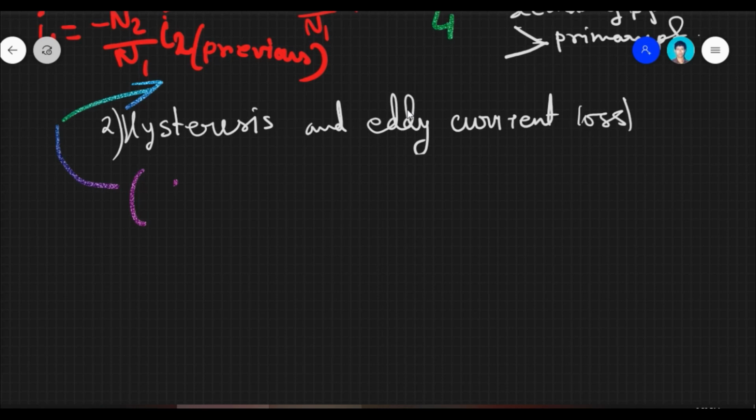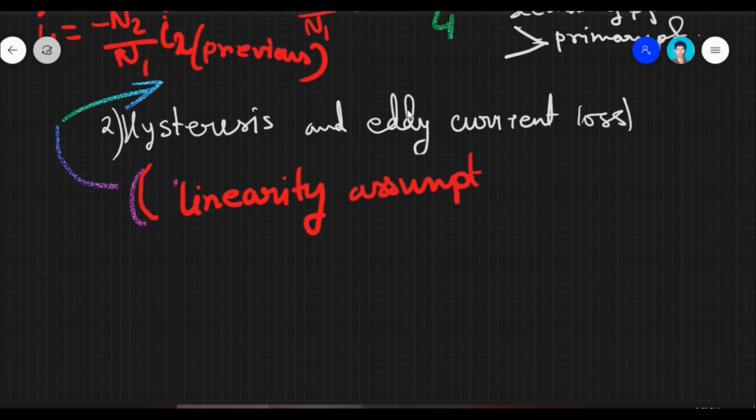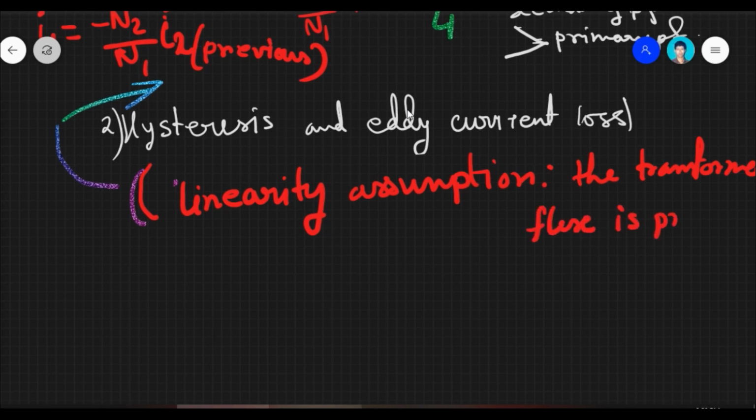So that was the assumption of linearity, that in the transformer the flux is proportional to the MMF.